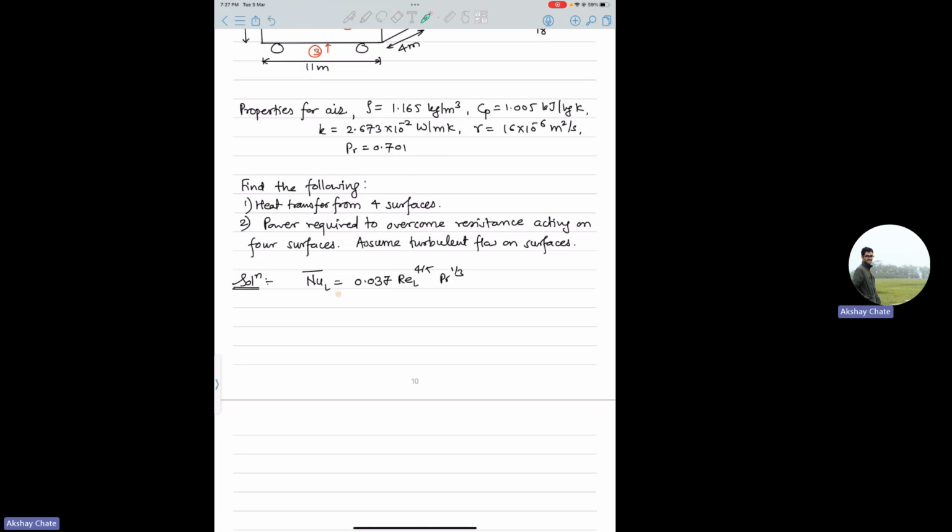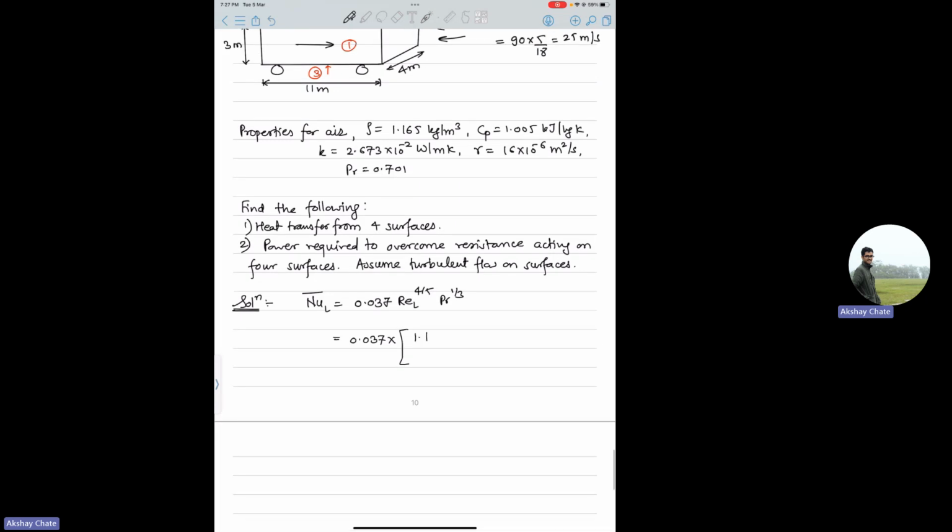So 0.037 into, density is 1.165, or directly I can take viscosity, right? I don't need density here. So U infinity into 11. 11 is the length of your plate, or one surface parallel to the flow, and then divided by the kinematic viscosity.